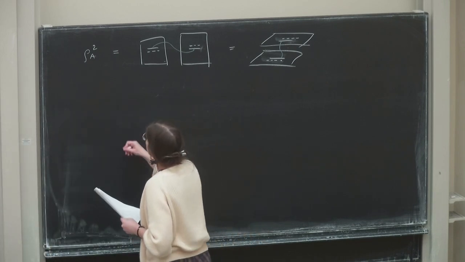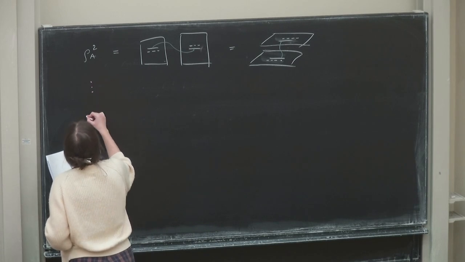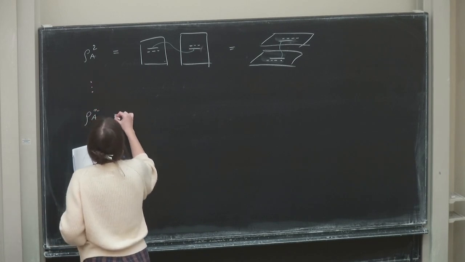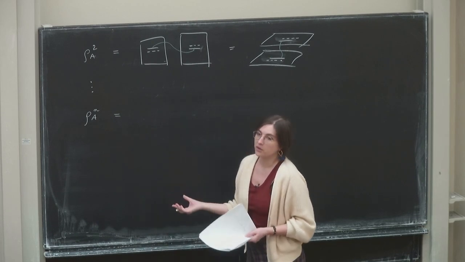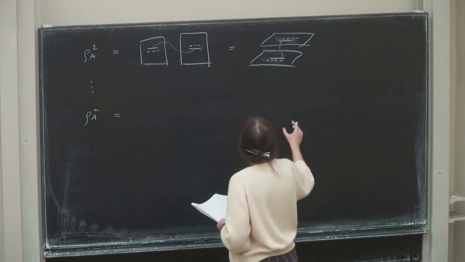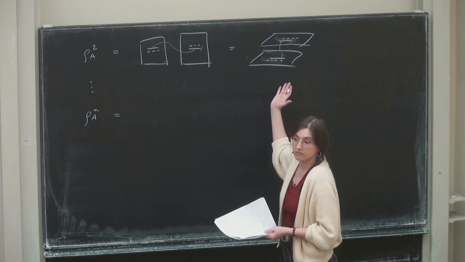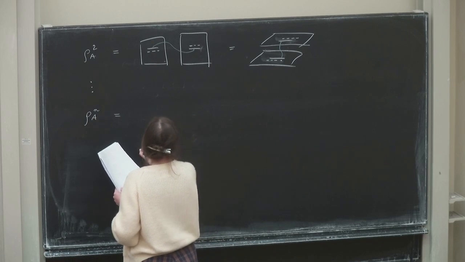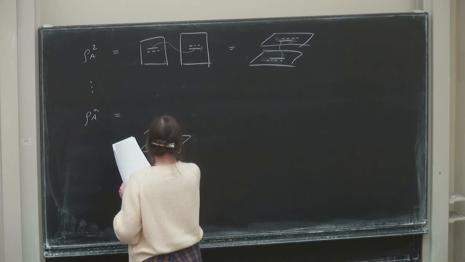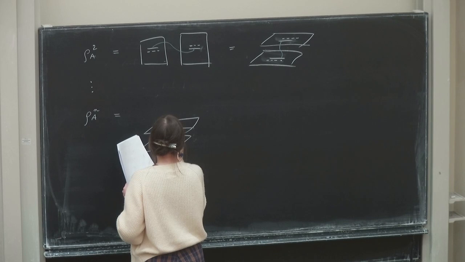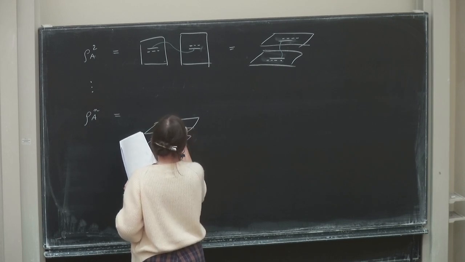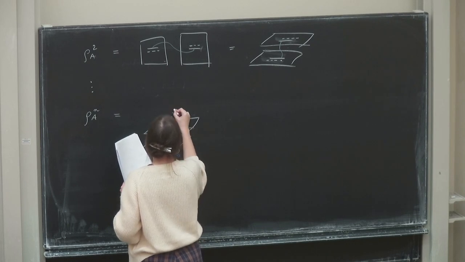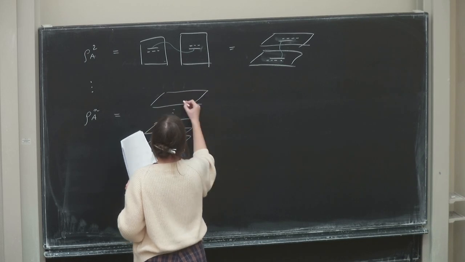you path integrate, then you'll understand immediately the following picture for the nth power of rho A, which is just the same picture, but with n copies. So I'm going to immediately write this down.